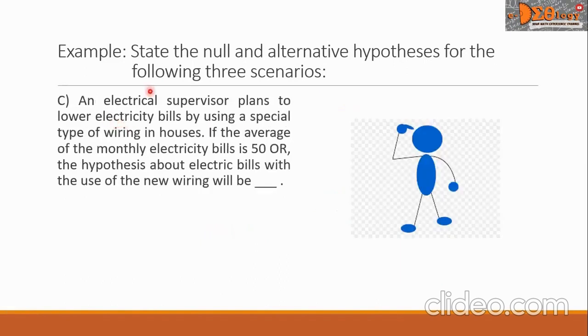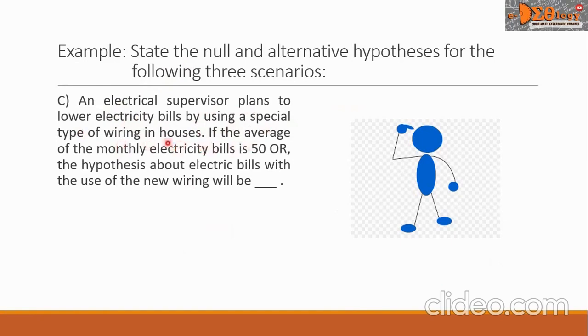This is now scenario C. An electrical supervisor plans to lower electricity bills by using a special type of wiring in houses.